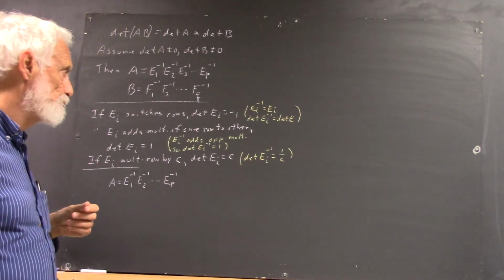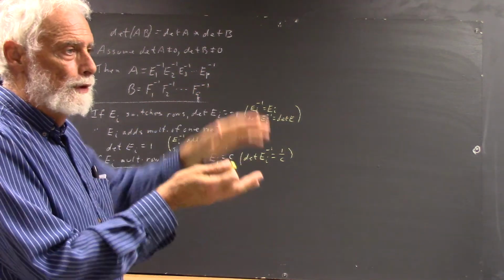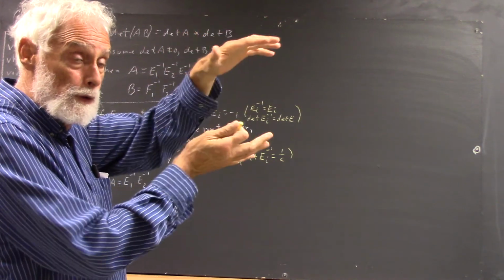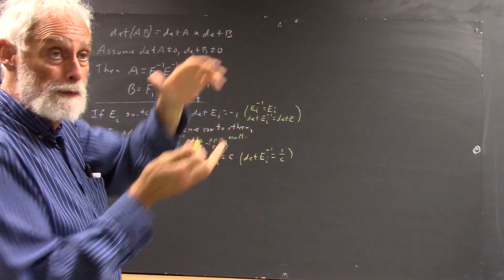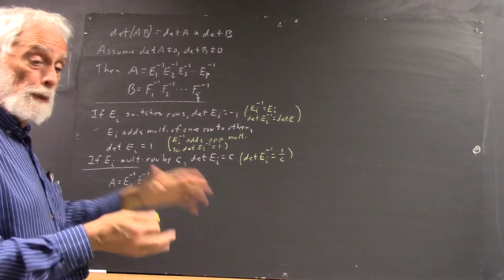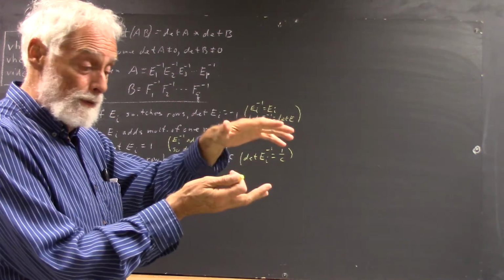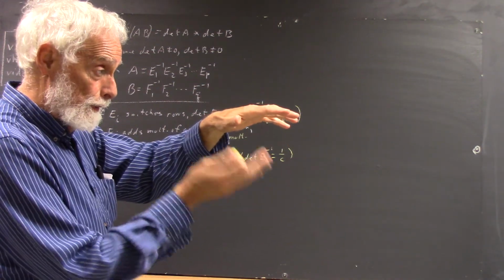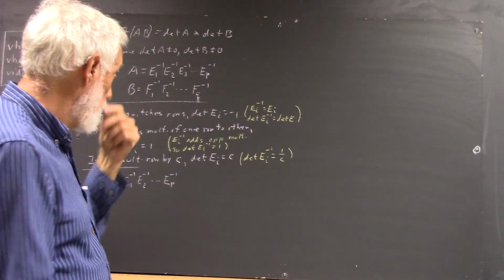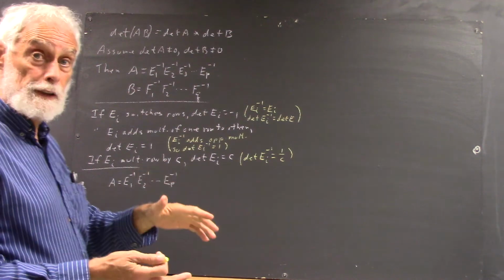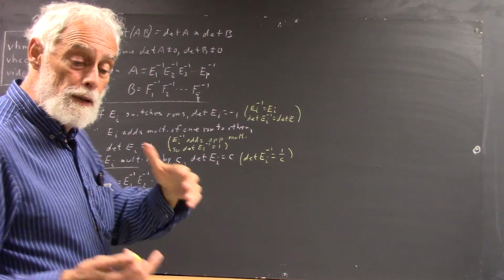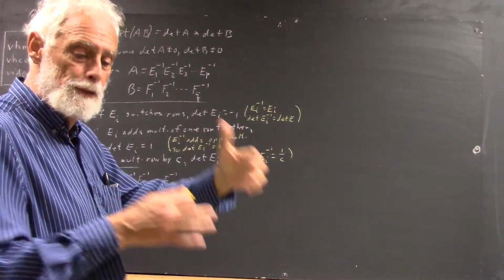So every time you switch rows, you've changed the determinant of your matrix by a factor of -1. You've multiplied it by a negative. If you add a multiple of a row to another, you haven't changed the determinant. If you multiply a row by C, then you have changed the determinant. You've multiplied the determinant by C.